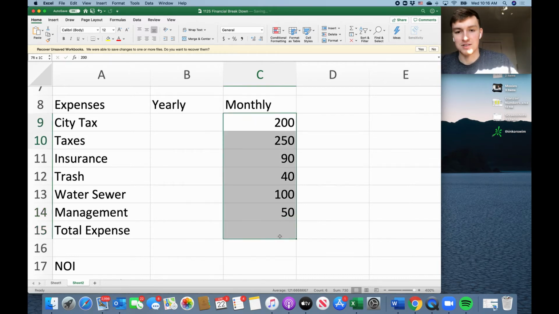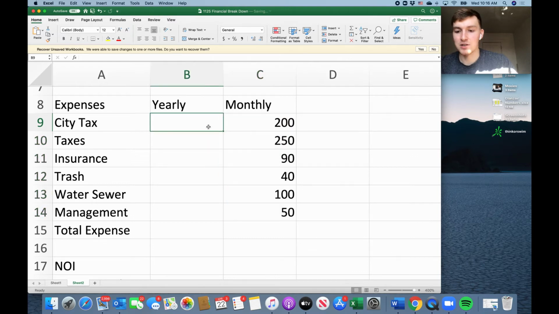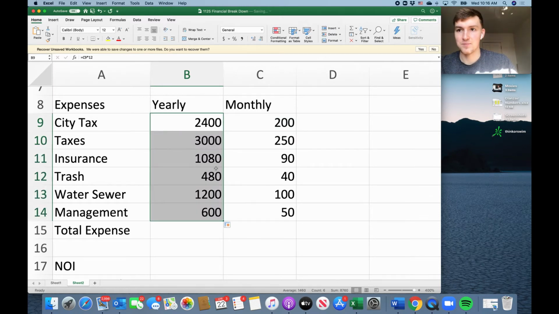So we have these numbers. They're all imaginary. It's going to be different for every property, but we're going to do the same thing. We have the monthly number. We are going to figure out how much it costs yearly. So we're going to do equals this times 12, okay? And then we're going to drag those numbers down, okay? Does that make sense? So we're going to drag all those down so we know how much each one of these things costs a year.